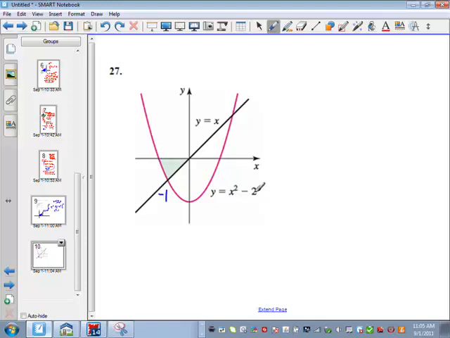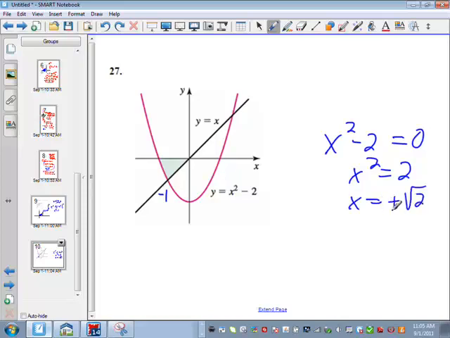Where is x squared minus 2 equal to 0? So x squared is equal to 2. So x is equal to plus or minus the square root of 2, and clearly this is minus the square root of 2.